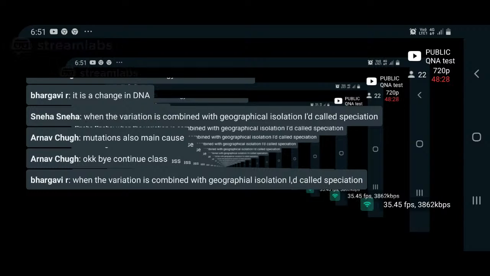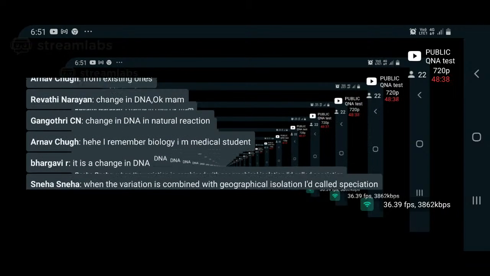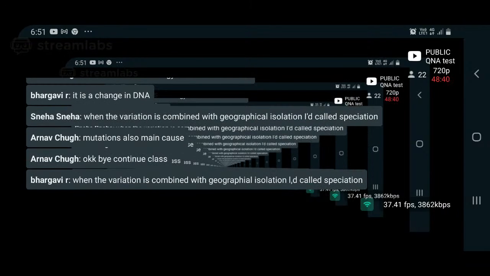Okay, all of you cleared with what is speciation, variation? What is speciation as per the definition? Speciation is the process by which a new species developed from the existing species.